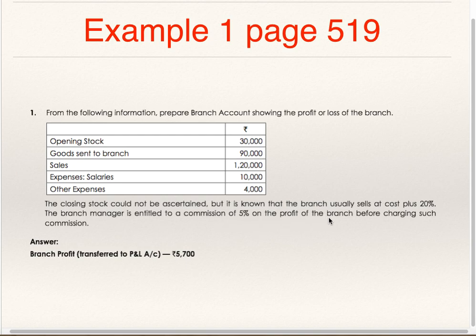But if it is 5% on net profit after charging commission, then in that case find out the surplus, credit minus debit, and surplus multiplied by 5 divided by 105 will be the commission if it is after charging commission. But before charging commission, directly surplus into 5%.